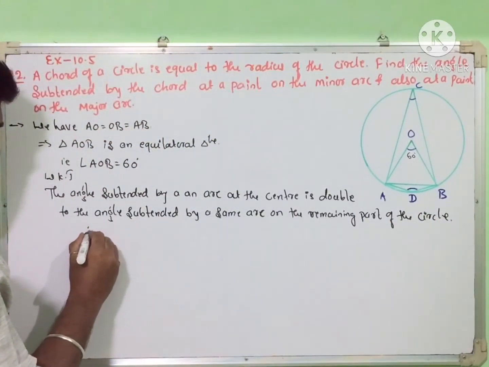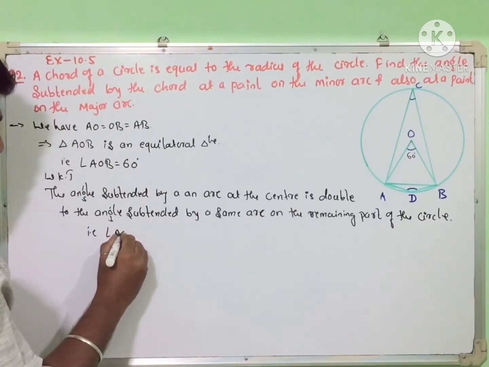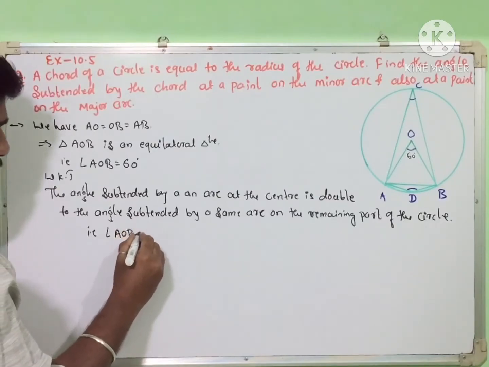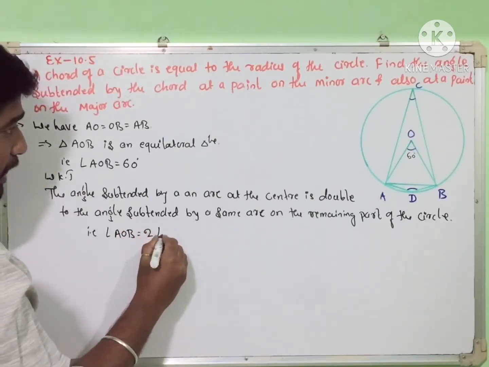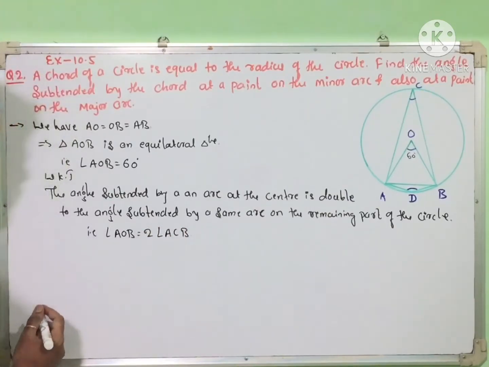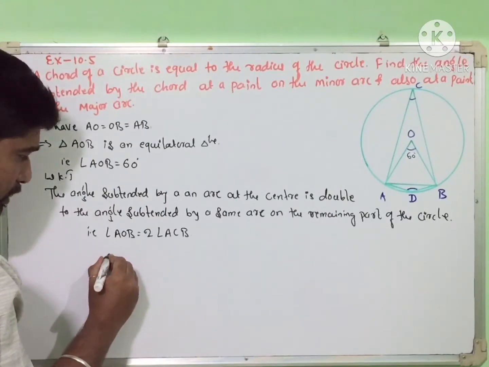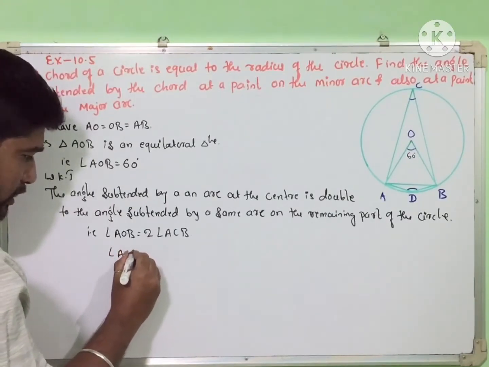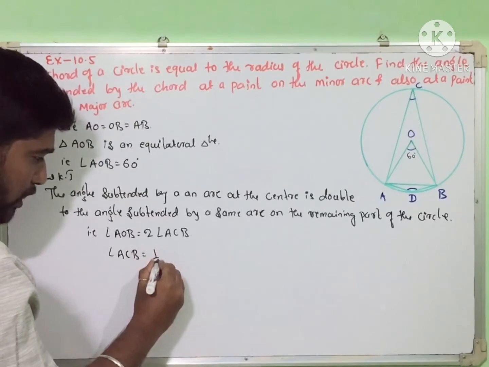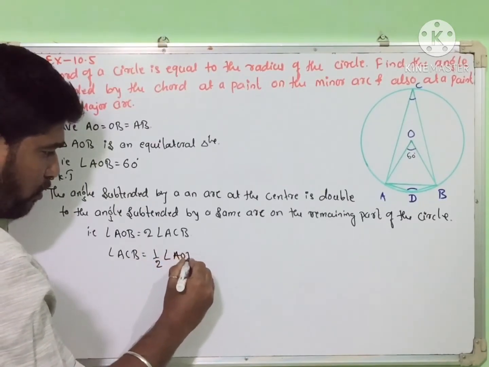So that is the angle AOB is equal to 2 times the angle ACB. Is it clear? So 2 comes this side, this becomes a division. Angle ACB is equal to 1 by 2 into angle AOB.